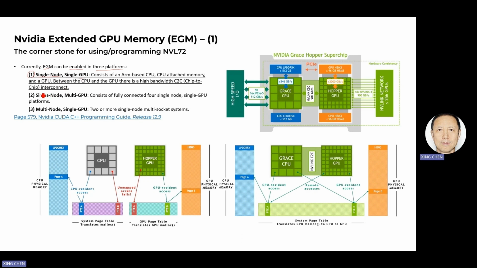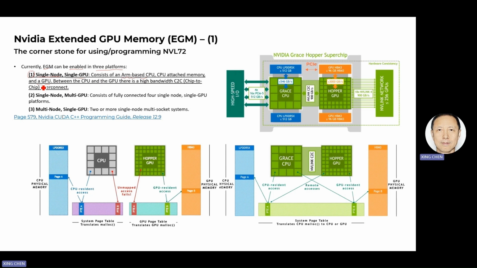Single GPU is easy to understand, it is 1 GPU, and a single node means that the platform is just 1 node. The explanation is that you have to have an ARM-based CPU.